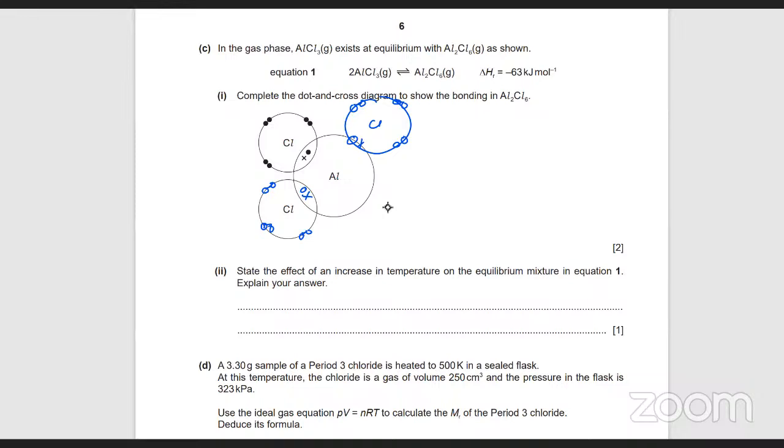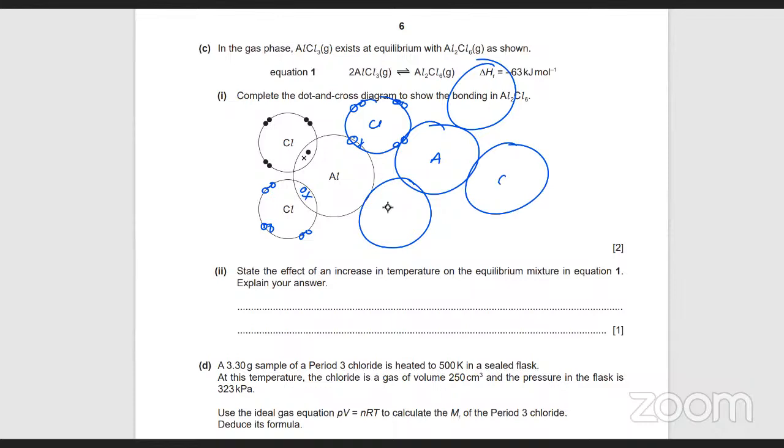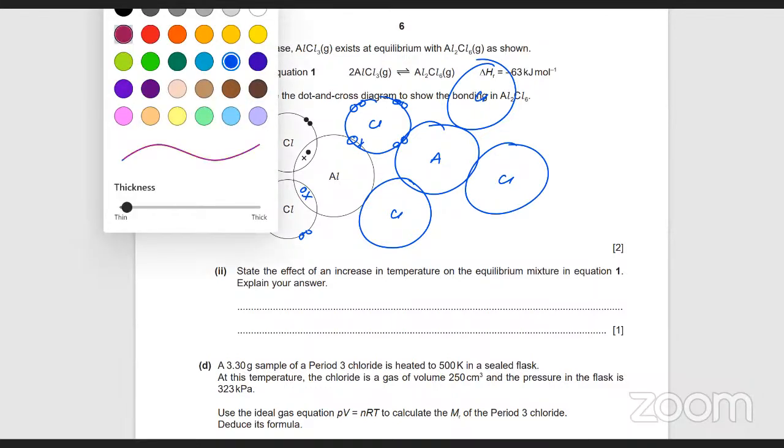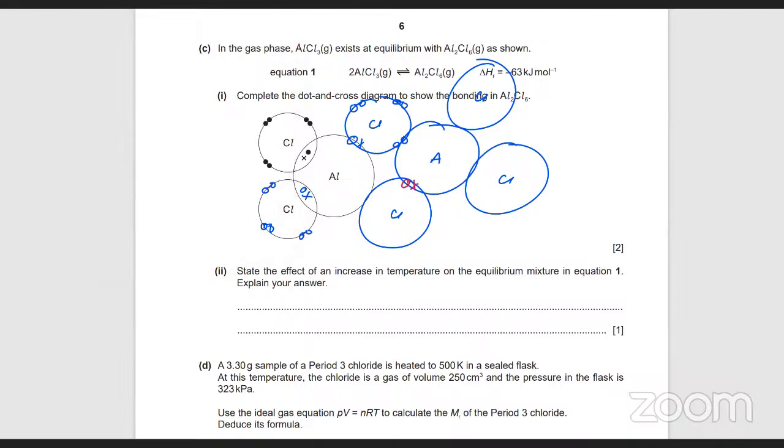So what it does is it attaches to another AlCl3 molecule, which is exactly the same AlCl3.